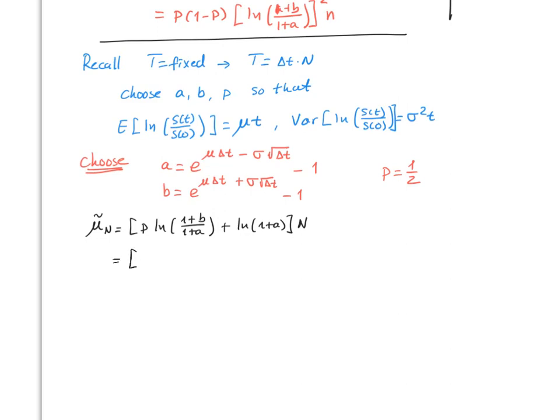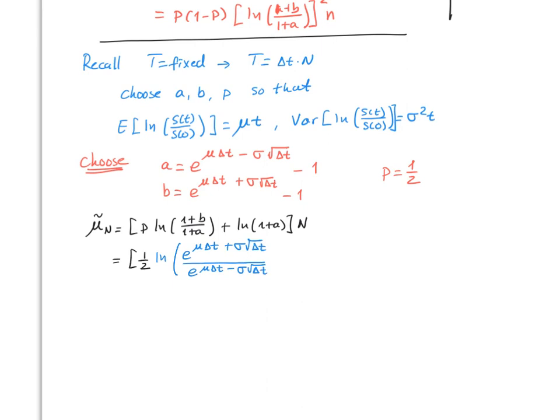This is equal to 1/2 times ln of (e to the mu delta t plus sigma the square root of delta t) divided by (e to the mu delta t minus sigma square root of delta t).